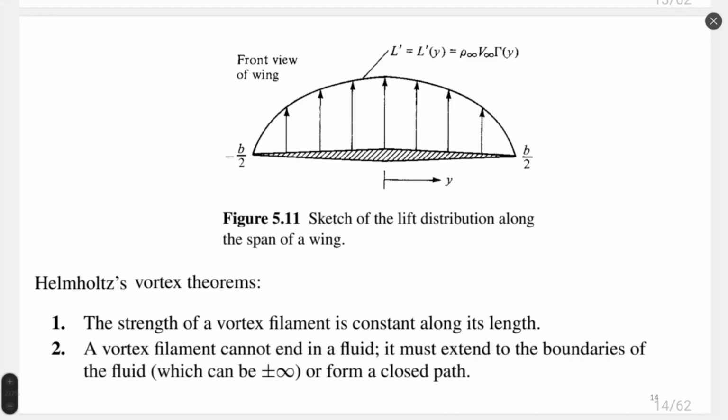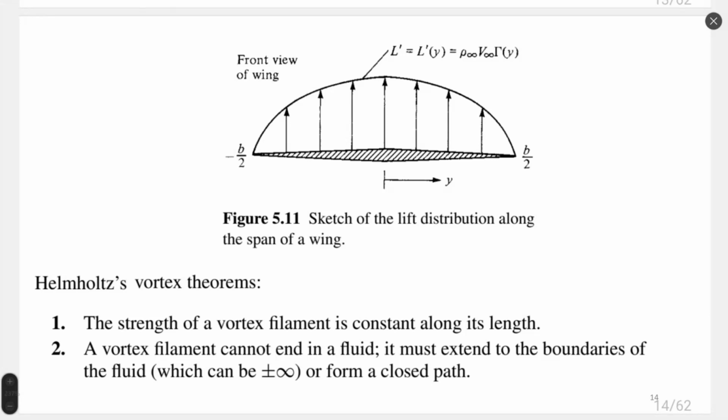Now we will go from this definition of a vortex sheet or vortex filament to the calculation of the wing. We know that on the wing we have lift distributed in a way similar to figure 11. Here we can see a sketch and the lift distribution along the span of the wing.